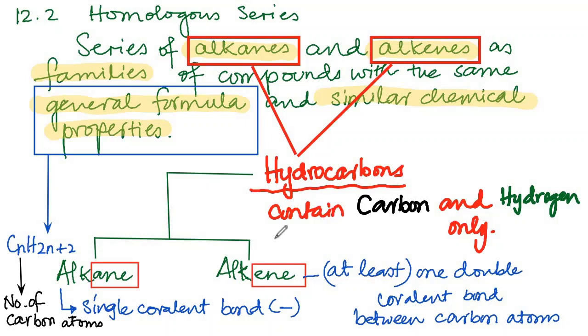On the other hand, the general formula for alkenes is CnH2n. Okay students, over here I suggest you take a screenshot, and then I'm going to erase this board, and then we're going to proceed towards 12.3.